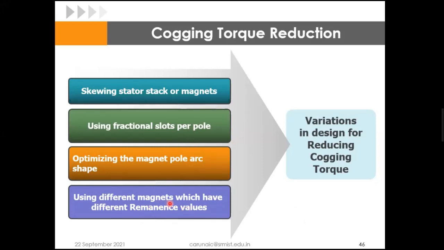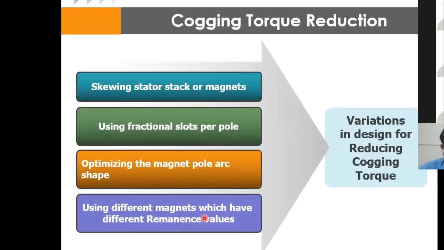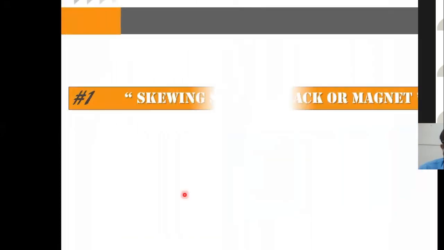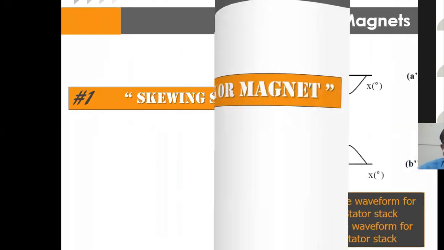This remanence value is the magnetic property of a permanent magnet, which is the key factor for cogging torque. By changing to different materials having various properties, you can reduce the cogging torque, right? We will see how these design variations are carried out and how technically they reduce the cogging torque. Okay. So the first one is skewing the stator or magnet.